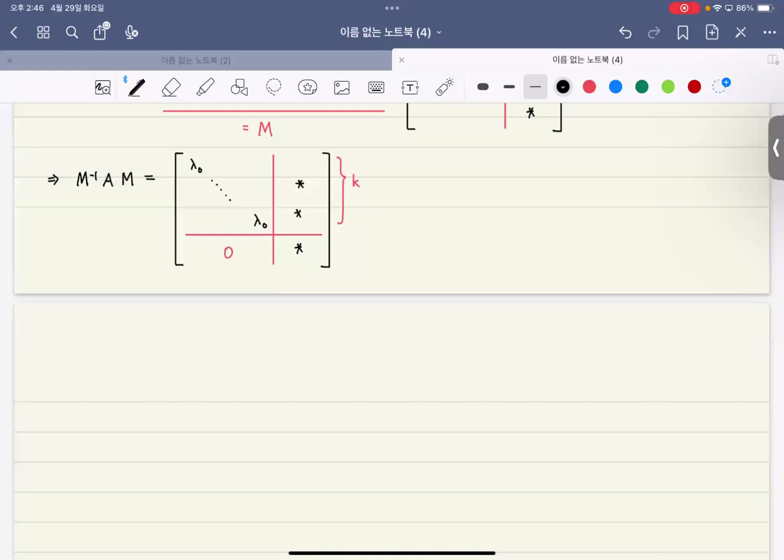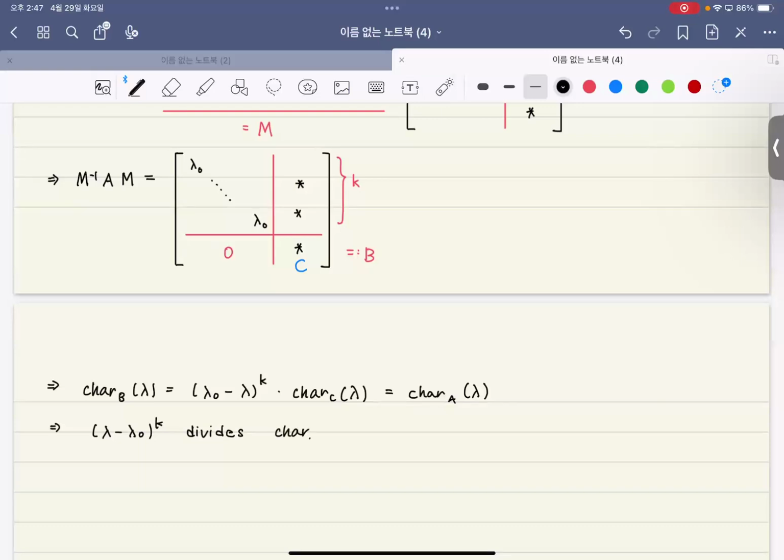I'm going to name this matrix B, and the bottom right block C. The characteristic polynomial of B is lambda 0 minus lambda raised to the power of k times the characteristic polynomial of C. But at the same time, this is the characteristic polynomial of A. As a polynomial, lambda 0 minus lambda to the k divides the characteristic polynomial of A.